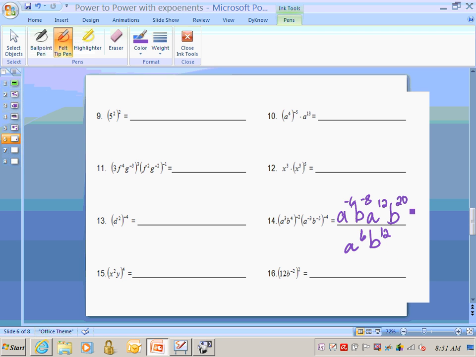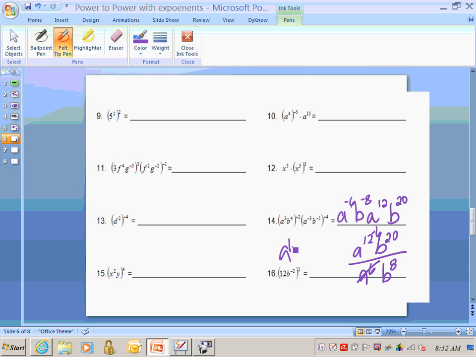That's the same answer, right? You see what I'm saying? Or if they added, they would be positive, and if you wanted to fix these, you could say a to the 12th, b to the 20th, over a to the 6th, b to the 8th, right? And then say, let's divide. Take 6 away, take 6 away.